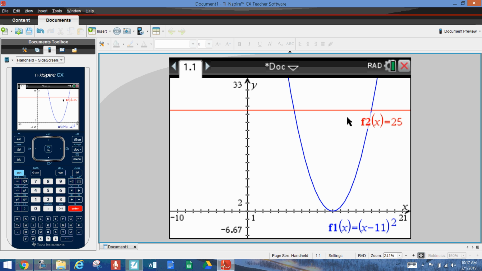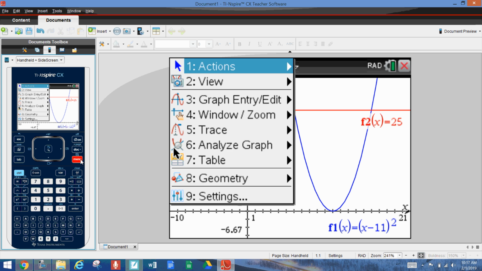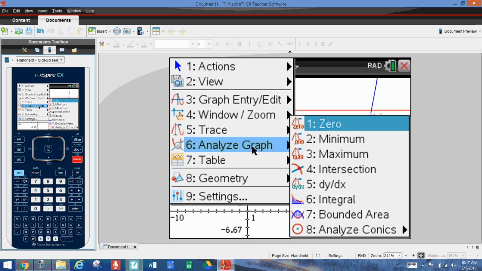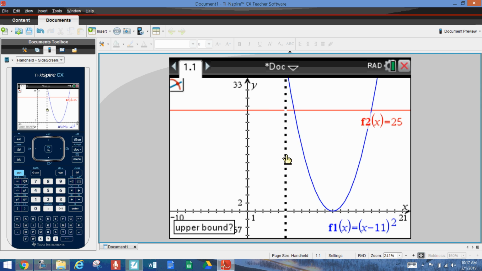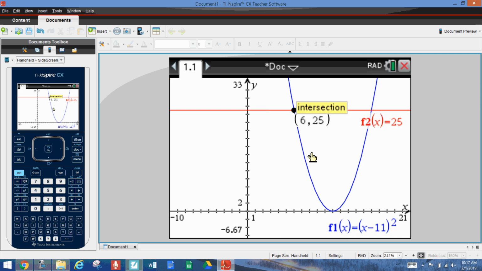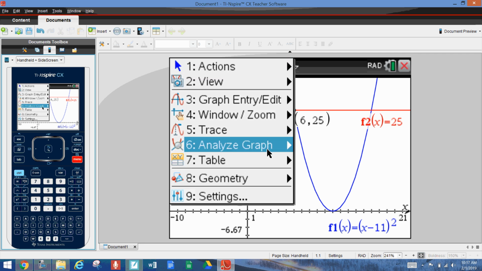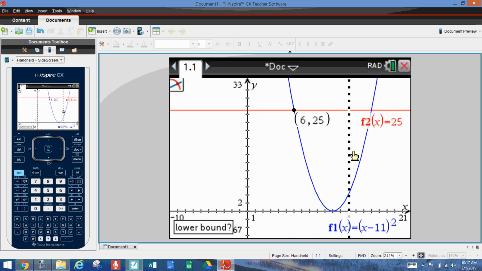And what is the question? How are we going to find it? Let's try something. Analyze graph, intersection, put that point, and then menu, analyze graph, intersection.